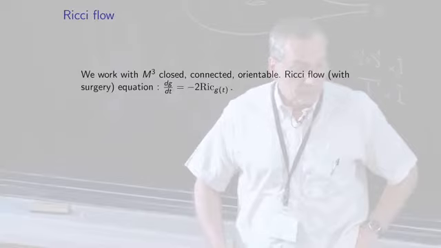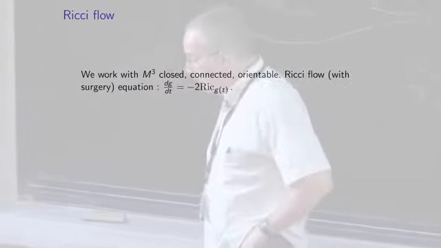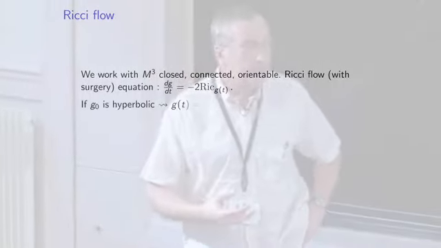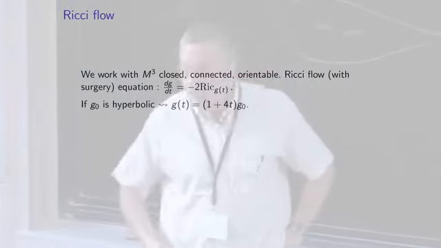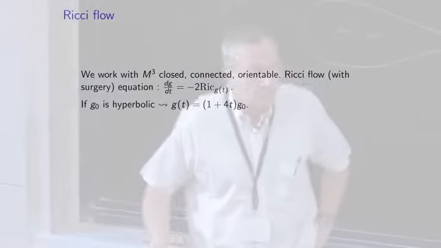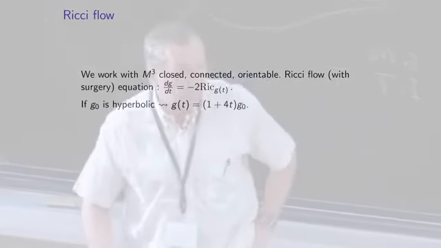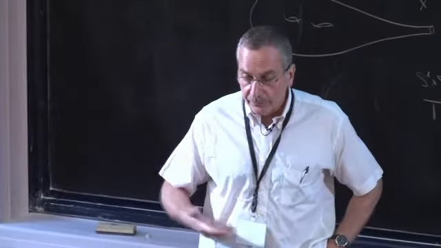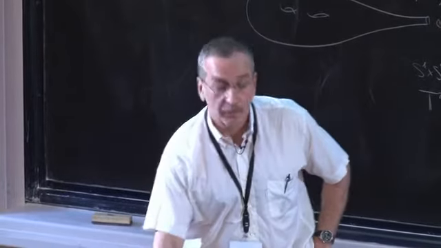I don't want to describe it, but maybe one example which is worth giving because it explains rescaling is that if you start with a closed hyperbolic three-manifold, then the metric evolves by homothety, and the coefficient can be computed, and it's 1 plus 4t times g0. So it's quite natural to rescale by 1 over 4t if one thinks that, as was explained by Bruce, on the thin part the flow should converge to a hyperbolic manifold.